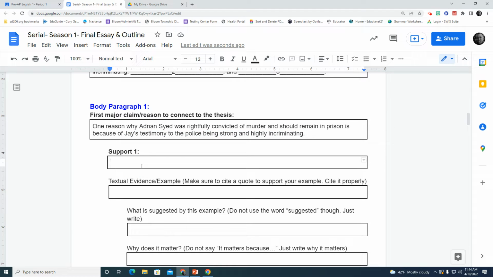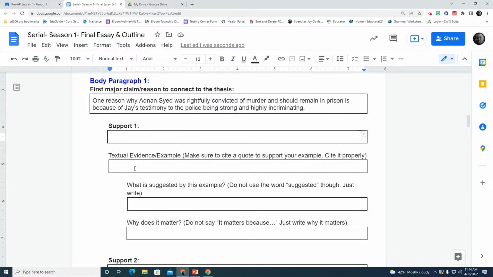So my first example or support is going to be that Jay, actually, I'll write, for example. I like transition statements. For example, Jay admits to physically seeing the body of Hae Min Lee in her trunk.